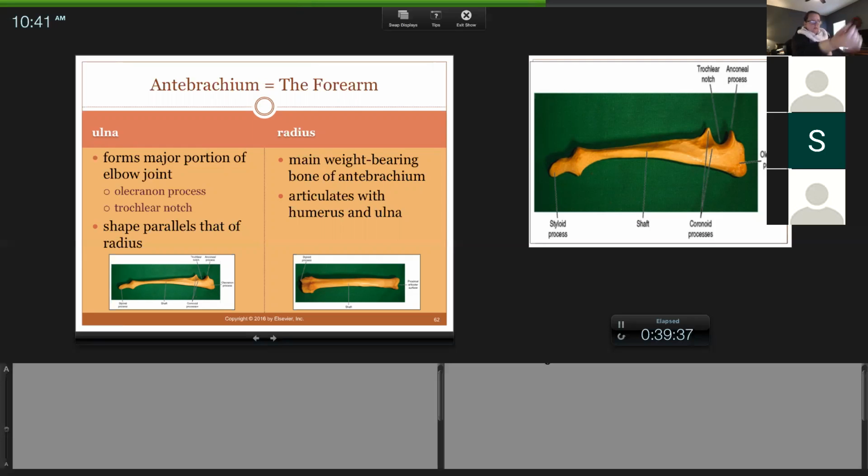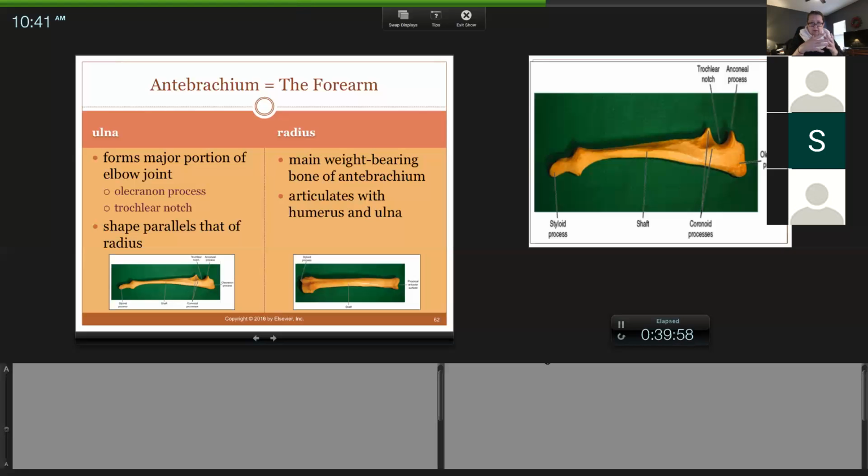So when you feel in your forearm or in your dog, the very front bone here is the radius. They have a bone that runs parallel, and so do we, called the ulna. And when we take an x-ray of a dog, there's actually a gap between them. So they run parallel, but there is a gap.